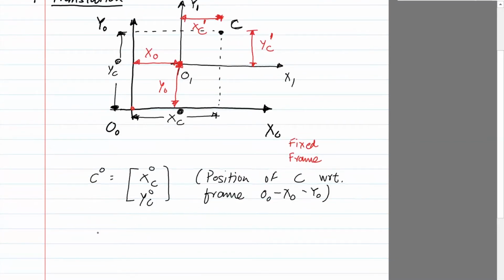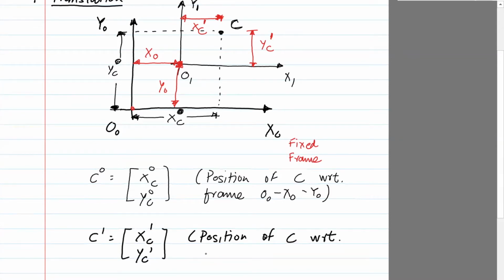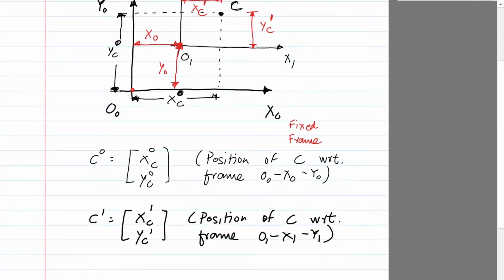Okay, we can also write C1, which is going to be the position of point C with frame 1. So XC1, YC1, position of C with respect to frame O1, X1, Y1.